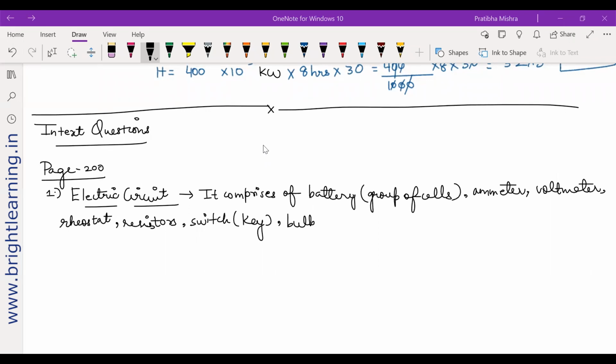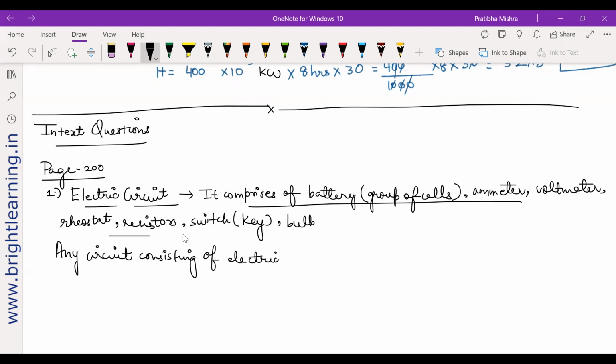So basically, you can just say that any circuit consisting of electrical devices. All of these mentioned here are nothing but electrical devices.